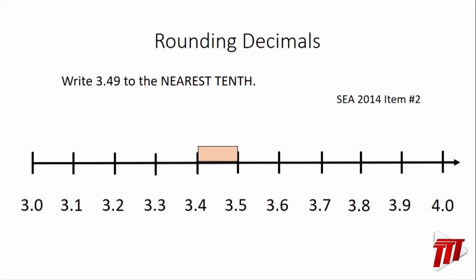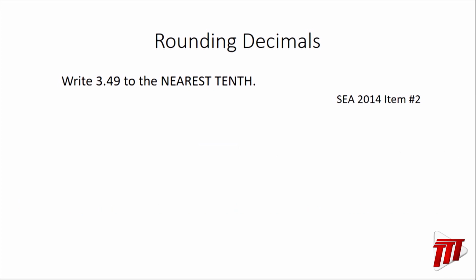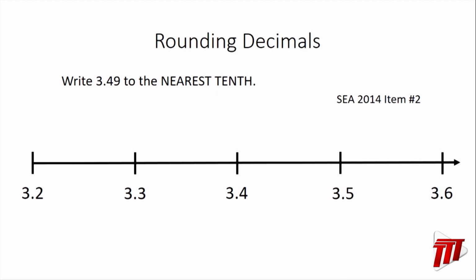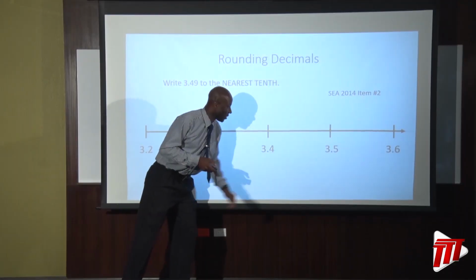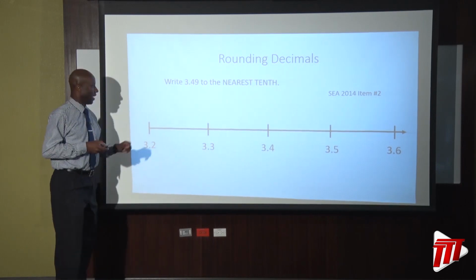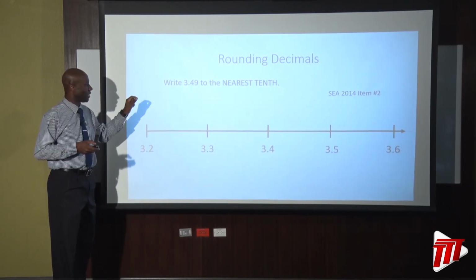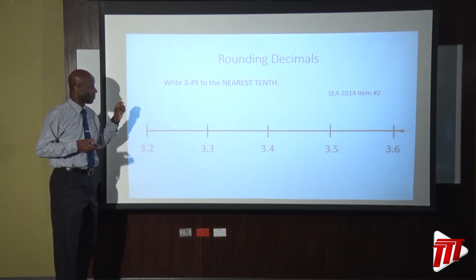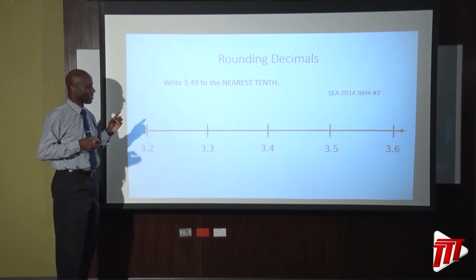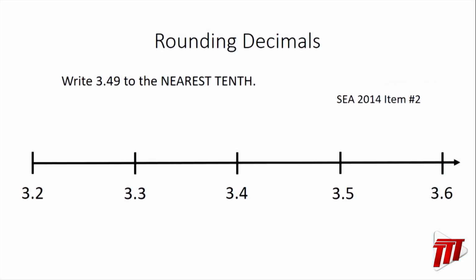So I am going to zoom in on the area between 3 and 4/10 and 3 and 5/10. In rounding 3 and 49/100, sorry, to the nearest tenth, we have to decide whether we are going to round to 3 and 4/10 or to 3 and 5/10.